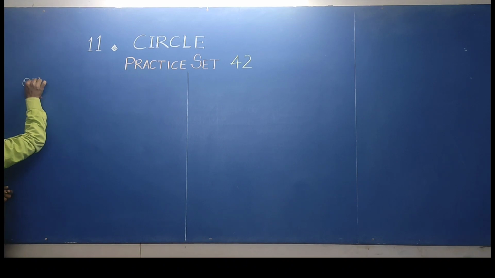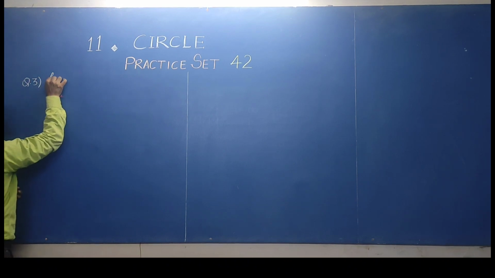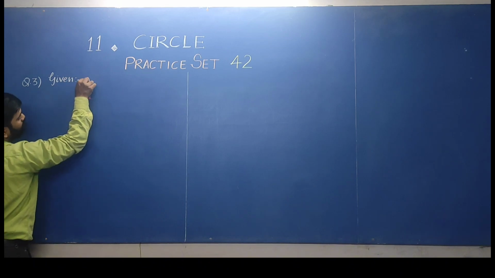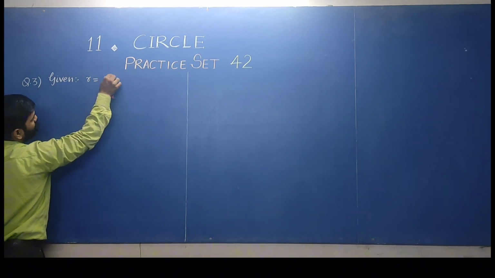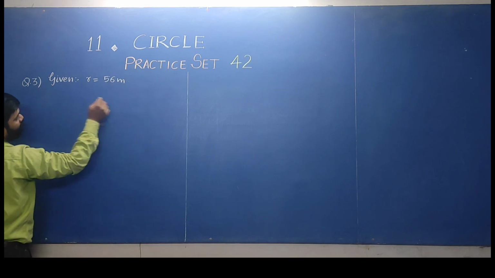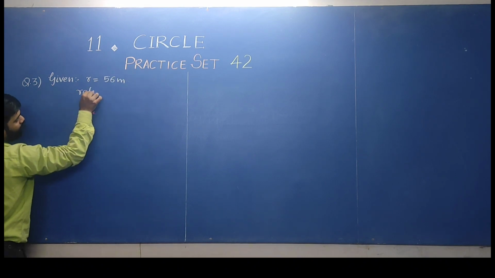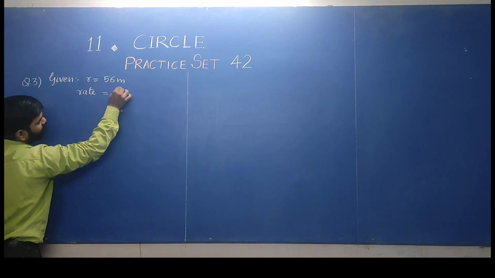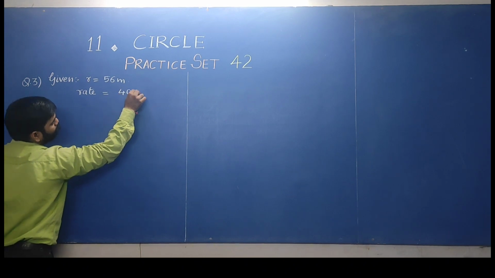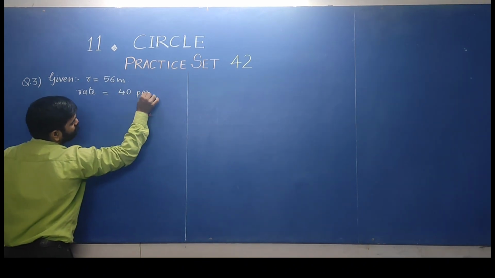Question number 3, given is radius that is 56 meter, and rate is given. Rate per meter is 40 rupees per meter.